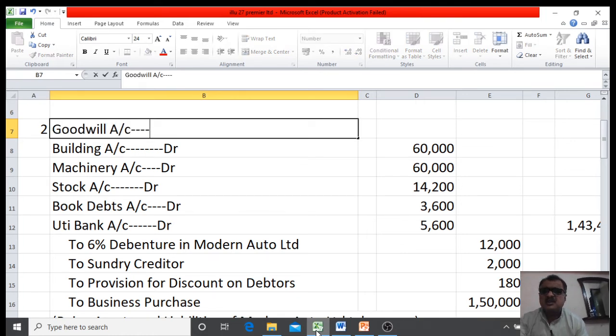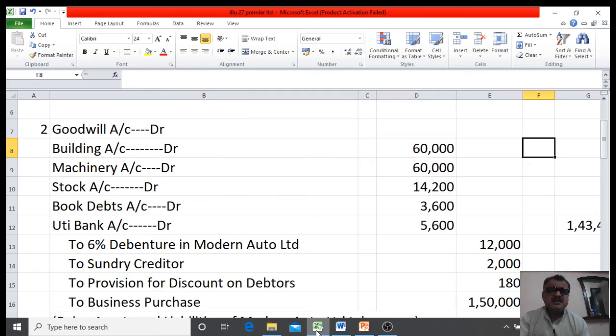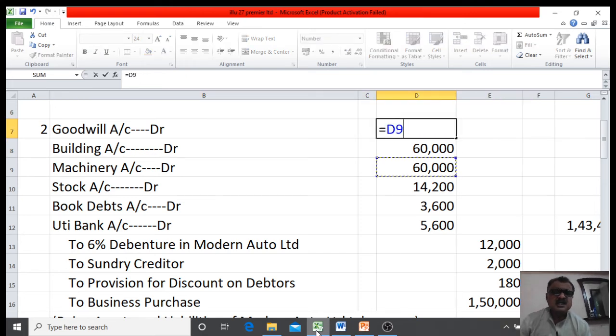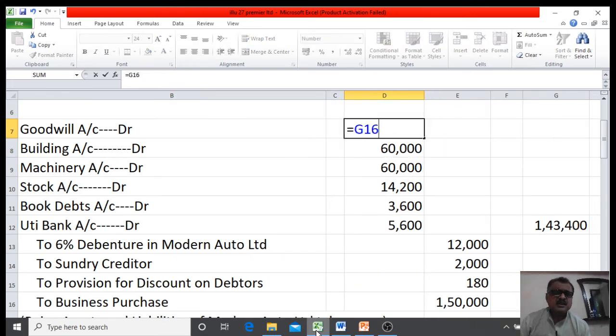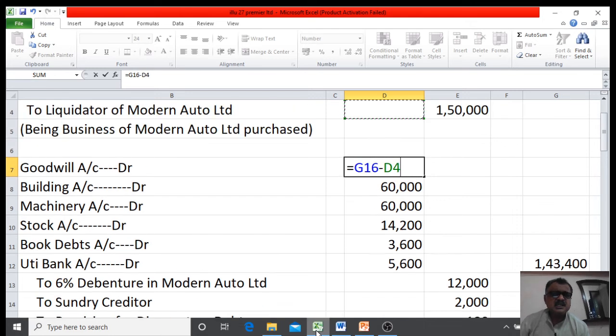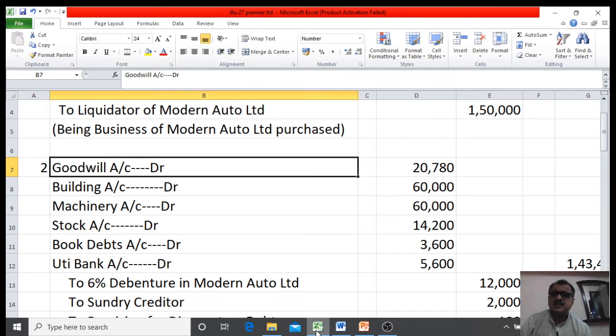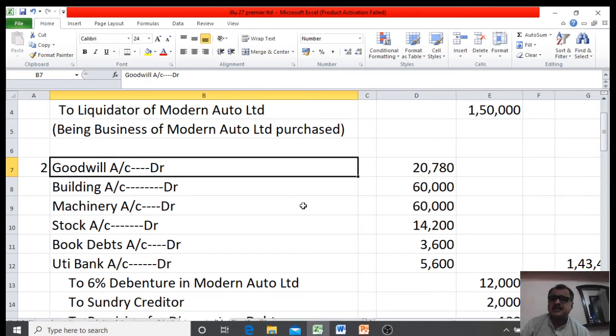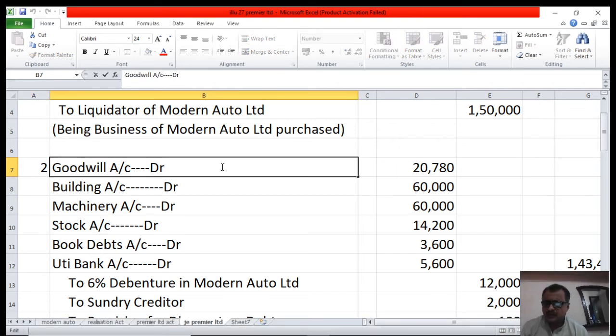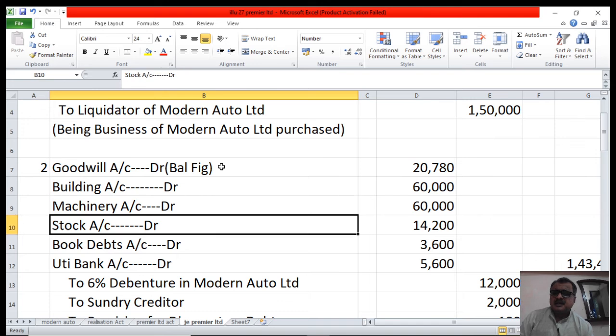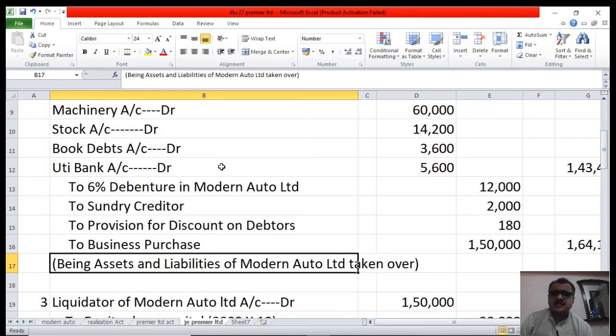The difference comes to 20,780. So 20,780 goodwill, that is the balancing figure. Narration for this: being assets and liabilities of Modern Auto Limited taken over.